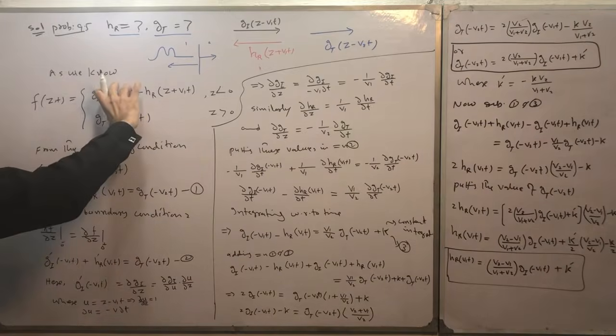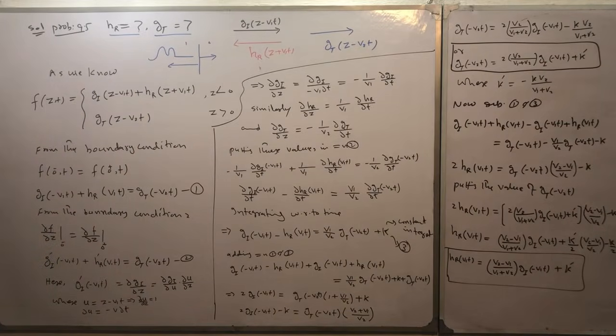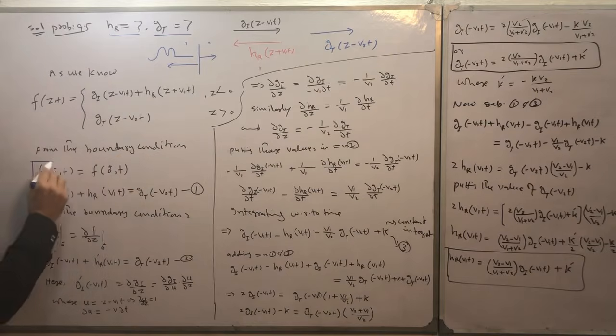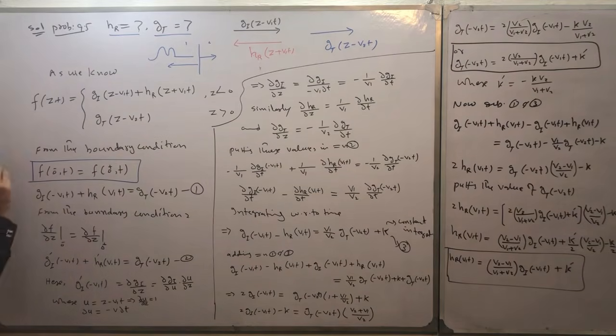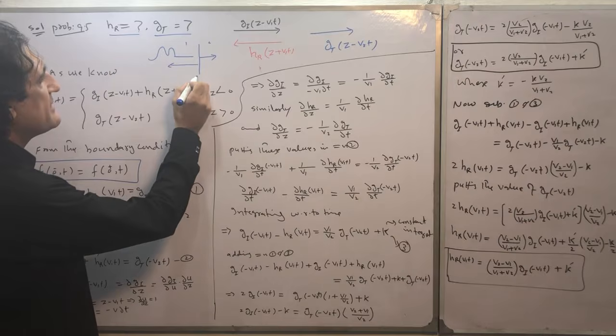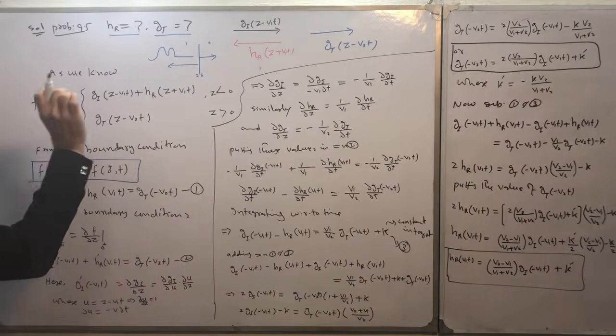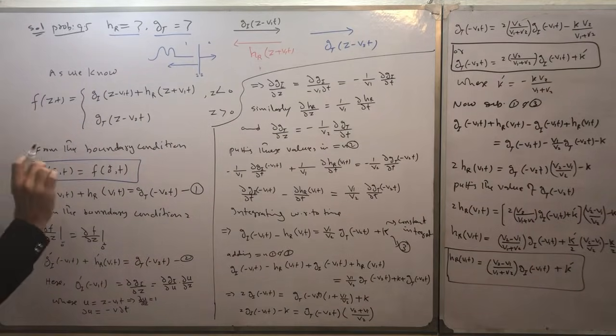Then this is the equation from boundary condition 1. This is the first boundary condition, because this is 0 minus and this is 0 plus, and 0 minus and 0 plus both approach 0.